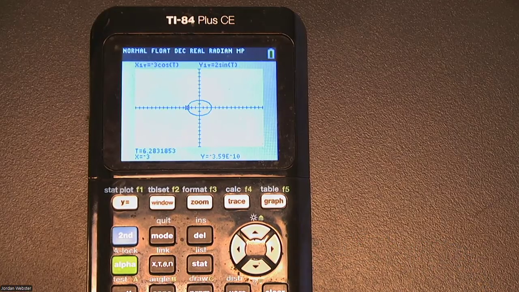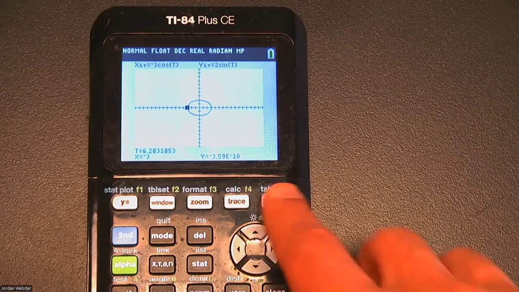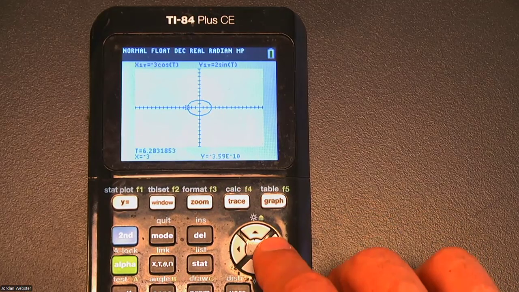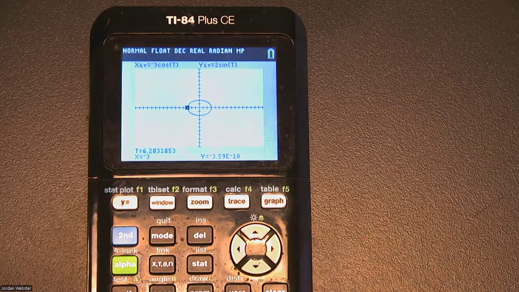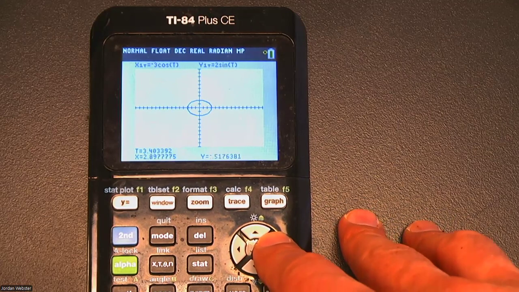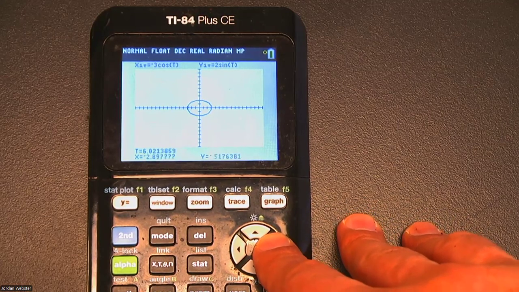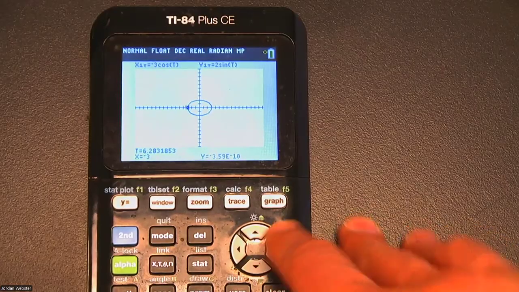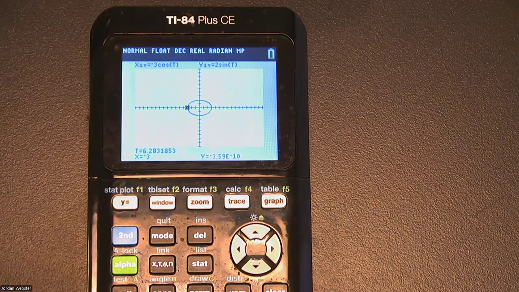Everybody see that? Let's start at 0. We can see that it's moving in a clockwise direction around this ellipse. Right? So I would say that this ellipse has a clockwise orientation. As you increase t, this is clockwise.